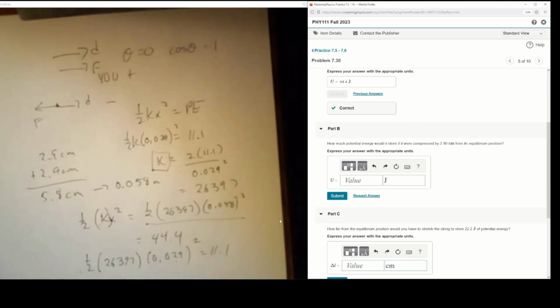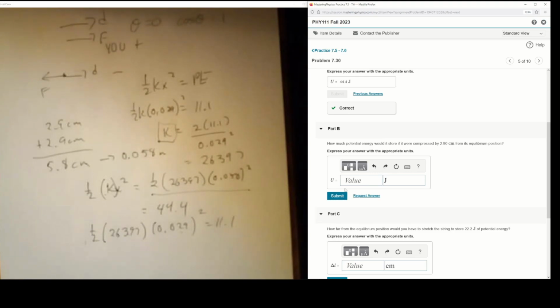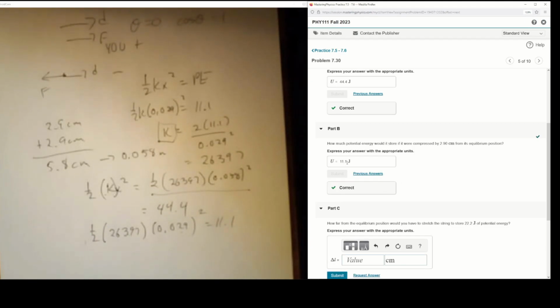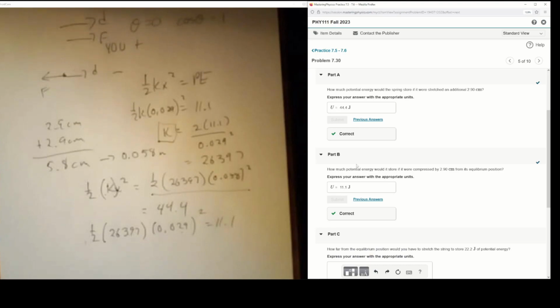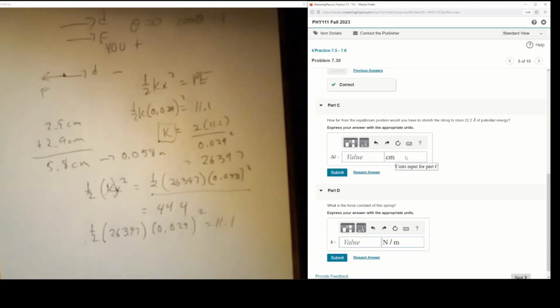Oh, 11.1. That's actually our starting information. So I guess we didn't need to do that one again. 11.1 joules stretched 2.9. So I suppose we could have just written that number in there.